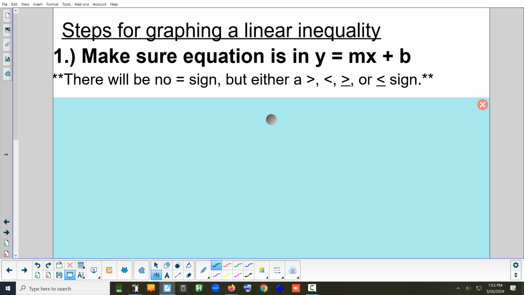Now remember, you're not really going to see an equal sign. You're either going to see a greater than or a less than, greater than or equal to, less than or equal to. You've got to get the y by itself on one side, and then the mx plus b on the other. And whatever symbol is in the middle, that's the symbol that we have.